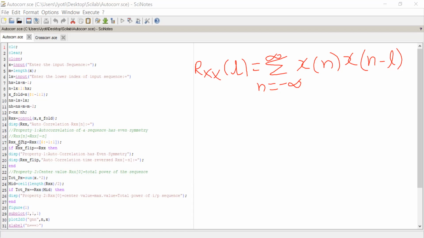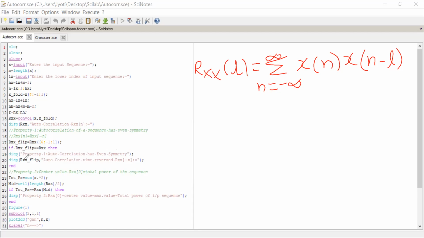Then if Rxx of flip is equal to Rxx, the original autocorrelated signal, we need to display property 1, that is, autocorrelation has even symmetry.